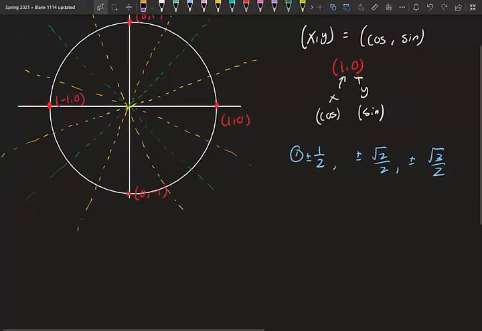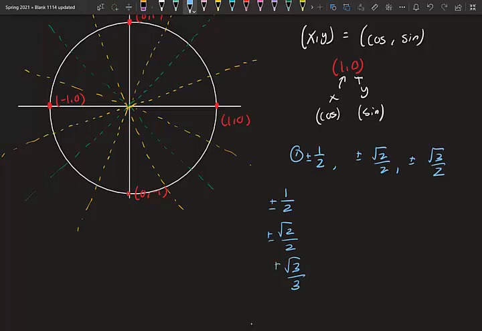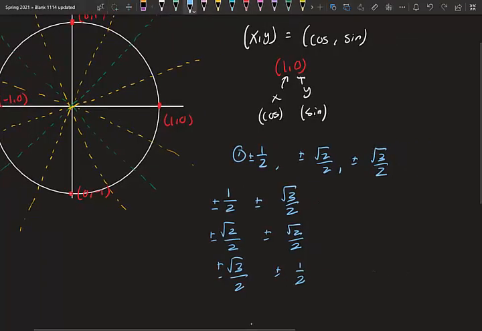So the pattern is always going to be 1, 2, 3, 3, 2, 1.